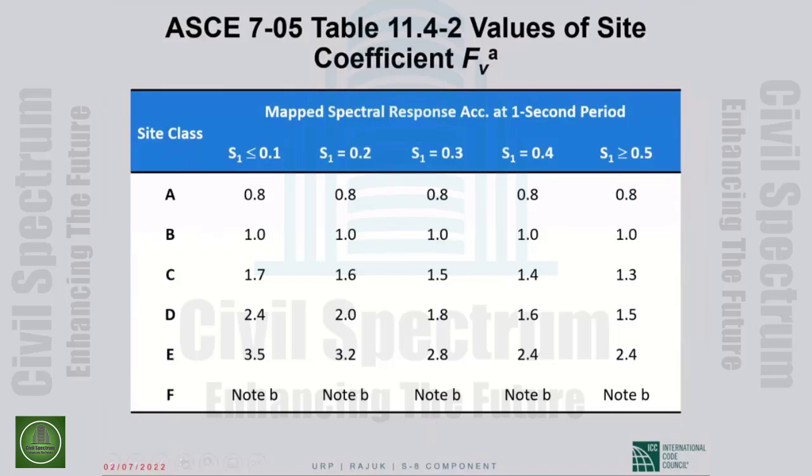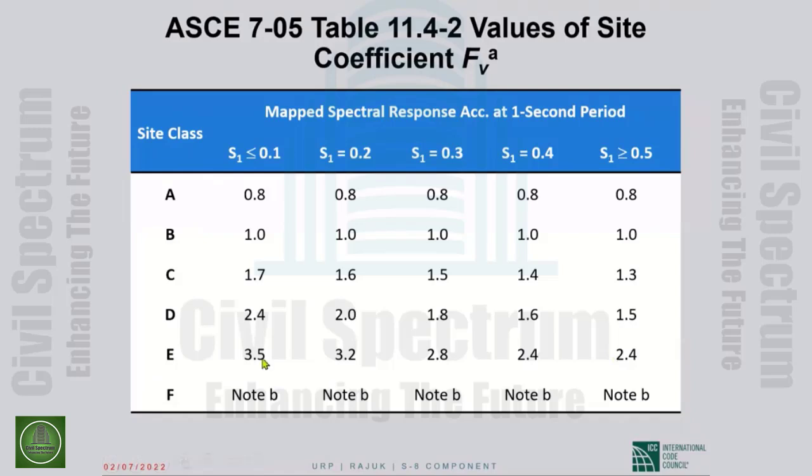And notice that on softer soil, when the ground motion is low, in low seismic areas, the amplification is extremely high. This is 3.5. But on the same soft soil, if the ground motion is strong, as would be the case in high seismic areas, then the amplification is lower.